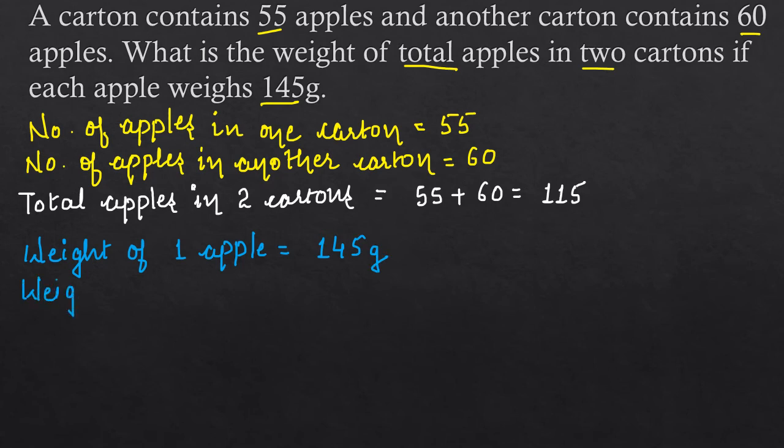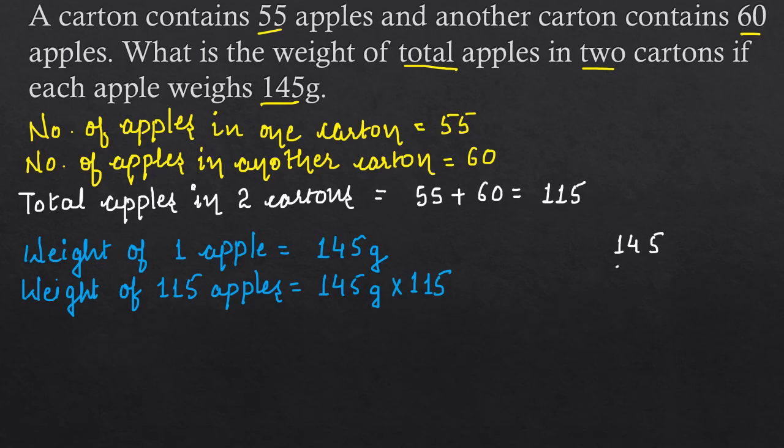So weight of 115 apples will be equal to 145 grams multiplied by 115. So let's do the multiplication. 145 multiplied by 115.